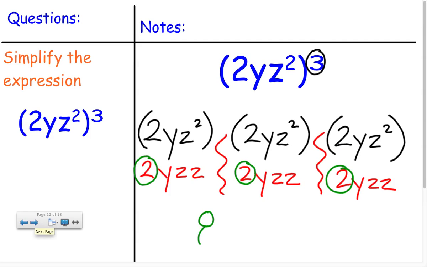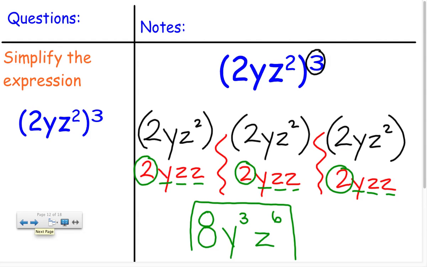So that's the first part of my answer. I'm going to count my y's: 1, 2, 3 y's. And I'm going to count my z's: 1, 2, 3, 4, 5, 6. So 8y cubed, z to the 6th is my answer.